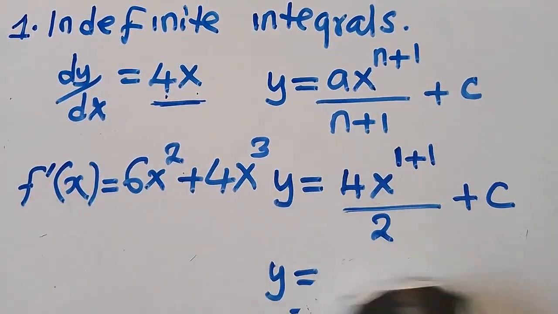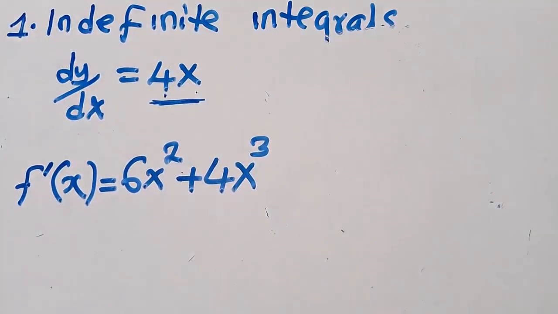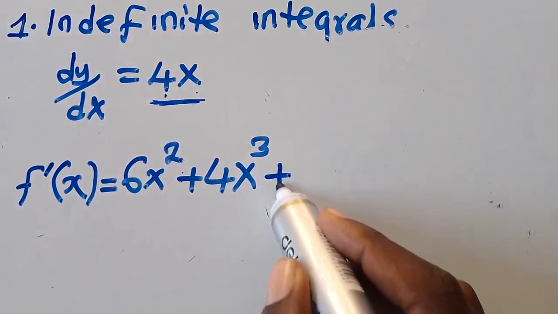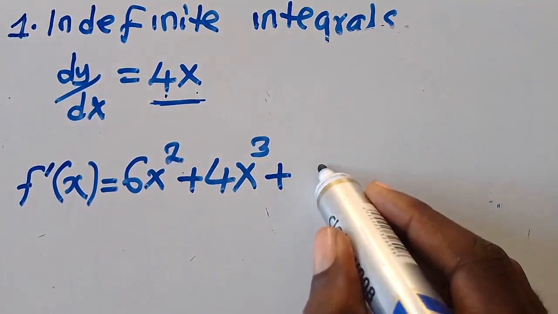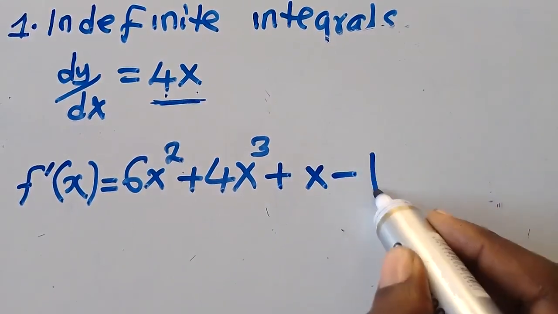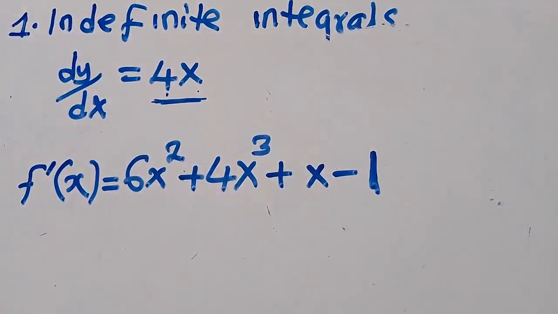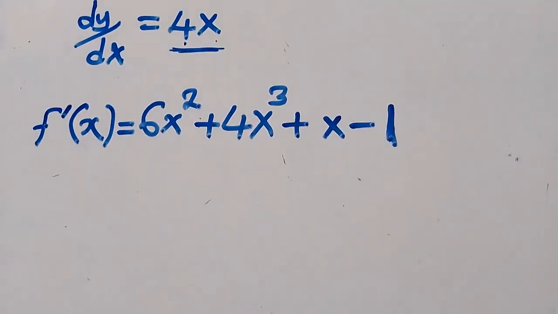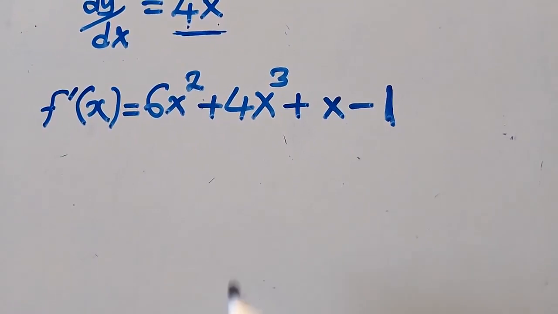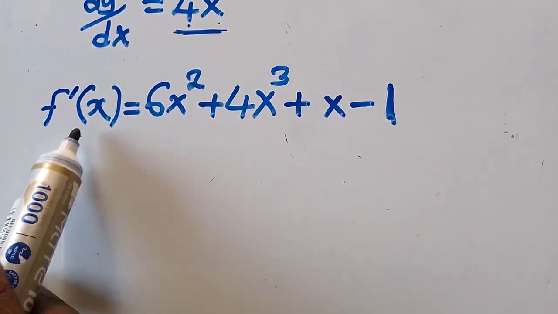Then they'll say plus, let me just put a simple plus x minus 1 like this. You are told to integrate this. So how can you integrate such a function? So this is f prime of x.